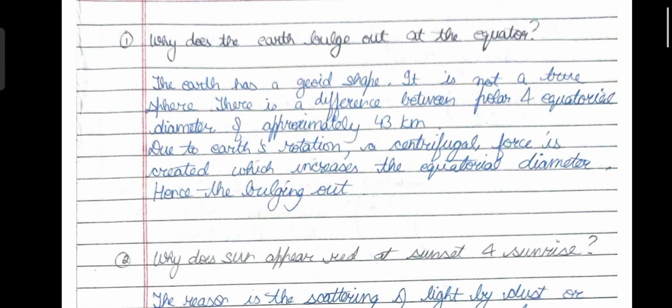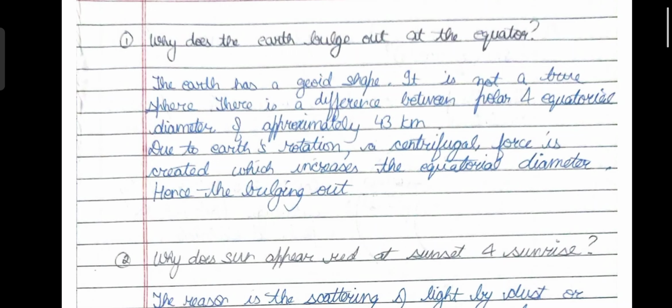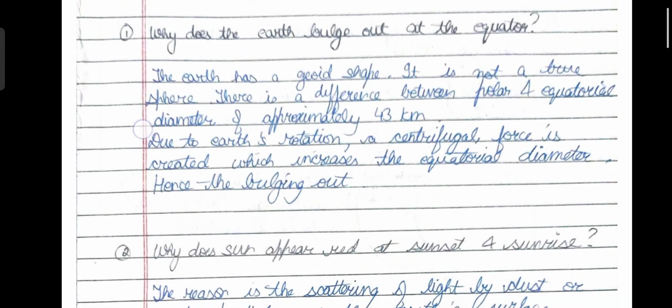There is a difference in the diameter between the polar and the equatorial regions, approximately 43 kilometers, and due to the earth's rotation a centrifugal force is created which further increases the equatorial diameter. Hence it bulges out. So the actual reason is the rotation of the earth. It creates a bulge at the equator and creates the difference between the diameters at the equator and at the polar regions, and the shape is known as geoid.